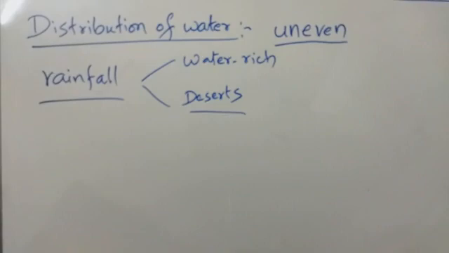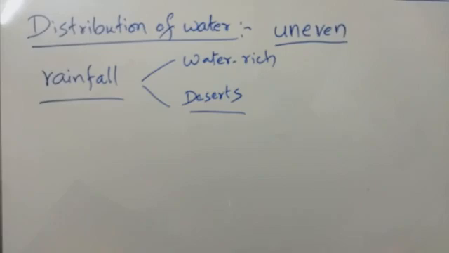If you take India itself, India is a very big country. So rainfall is not the same everywhere. Some regions have excessive rainfall and other regions have very little rainfall. The excessive rainfall causes floods, whereas less rainfall results in droughts. So some regions during excessive rainfall suffer with floods.